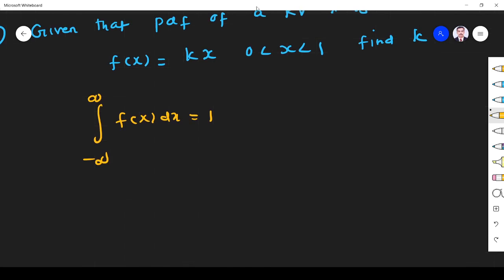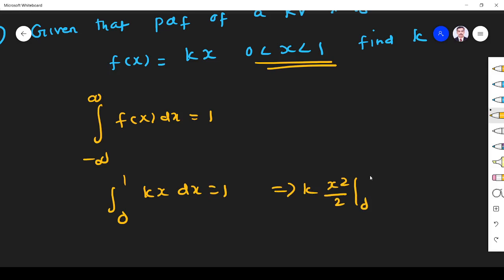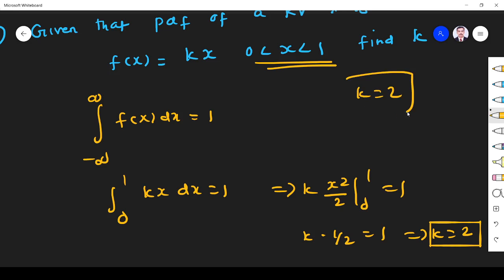So here, integral with respect to x from 0 to 1, f of x is kx dx, that is equal to 1. This implies kx squared by 2, from 0 to 1, is equal to 1. So it is k into 1 by 2 is equal to 1. This means k is equal to 2. So they ask find k value, k is equal to 2.